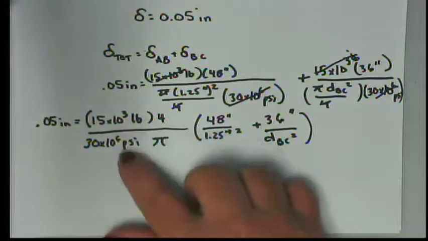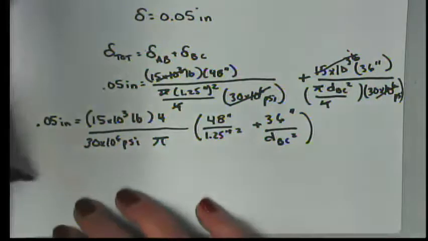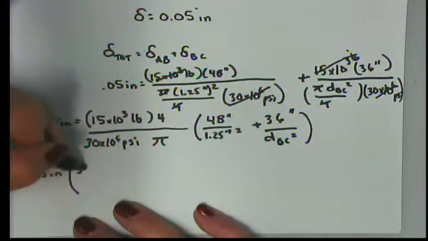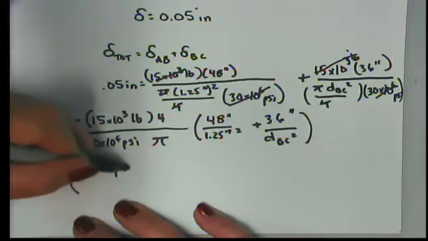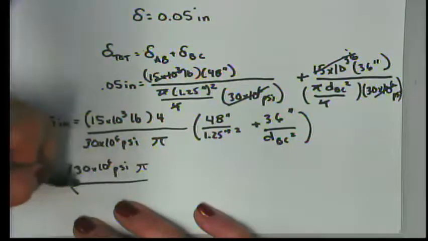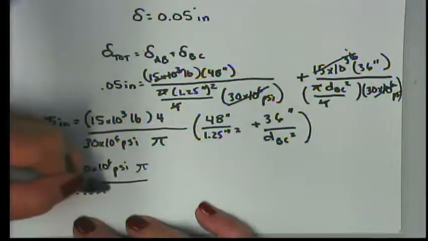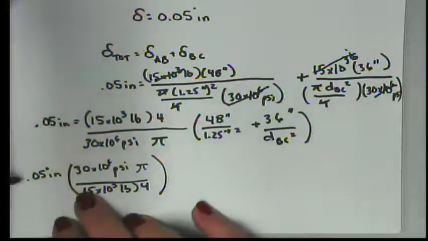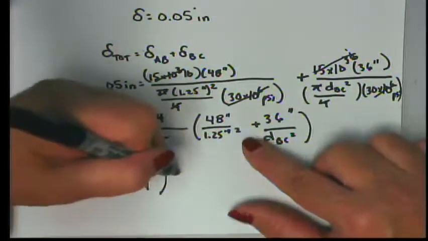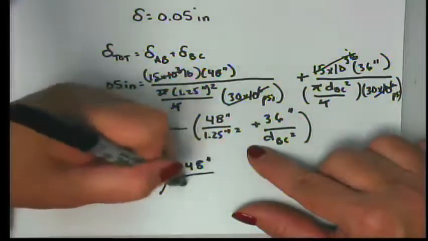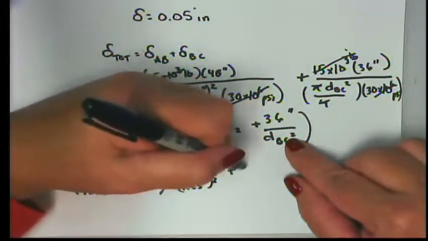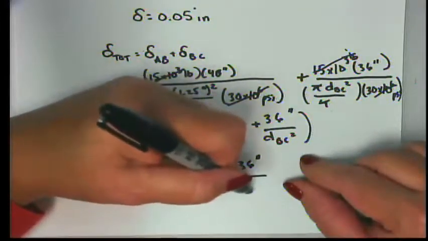The first thing I would do is take this and move it over to the left-hand side of the equation. And when I do that, because it's multiplied through, I invert and multiply. So this is 30 times 10 to the 6 psi times pi over 15 times 10 to the 3rd pounds times 4. So there's my new left-hand side of the equation. My new right-hand side of the equation is 48 inches over 1.25 inches quantity squared plus 36 inches over the diameter of BC squared.